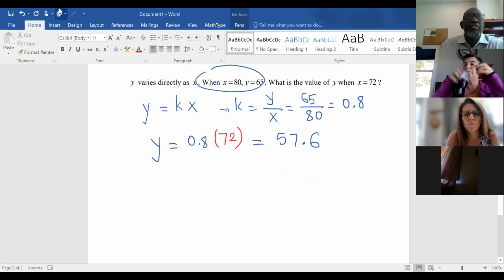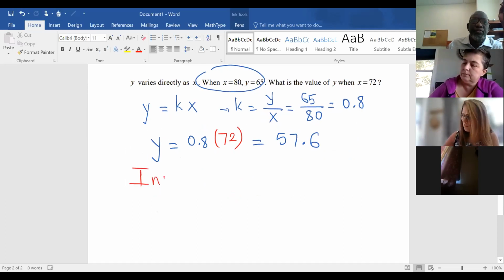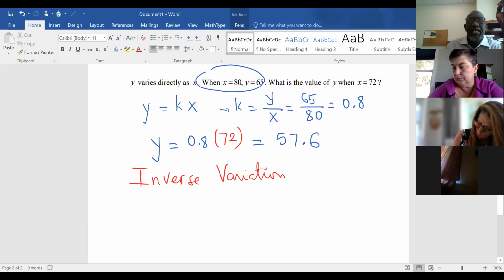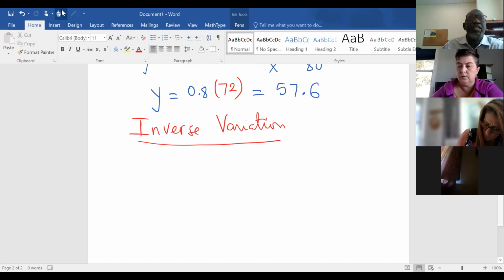Now another variation is the inverse variation. The inverse variation, as the name indicates, means when one of them increases, the other one decreases, right?